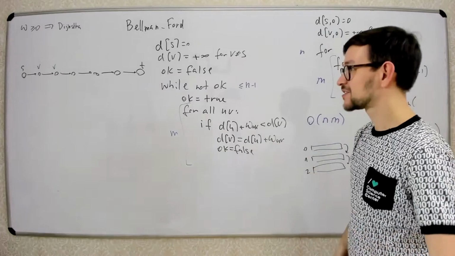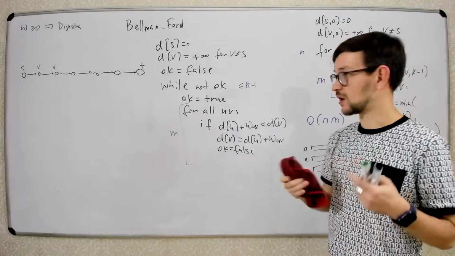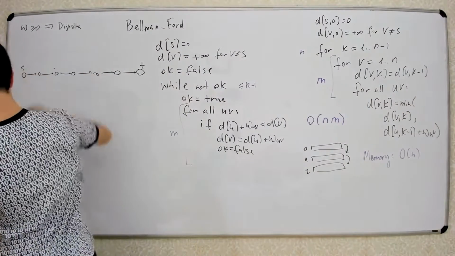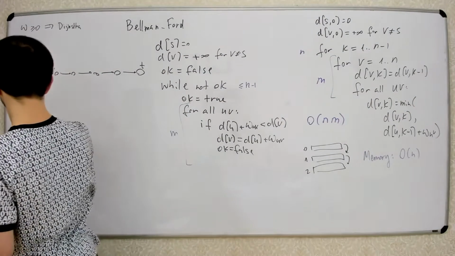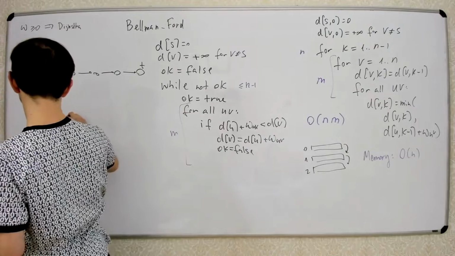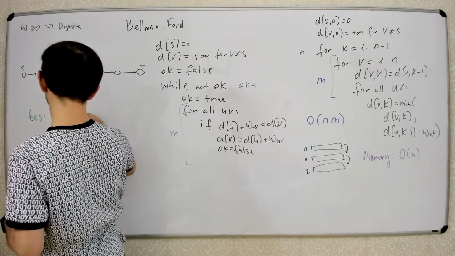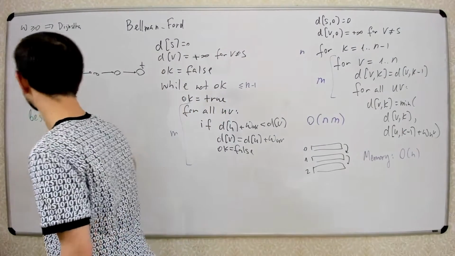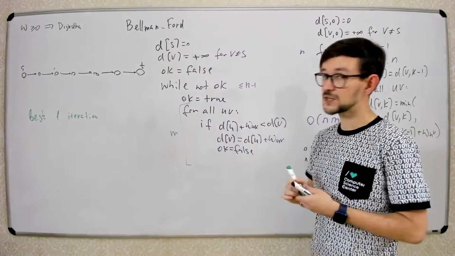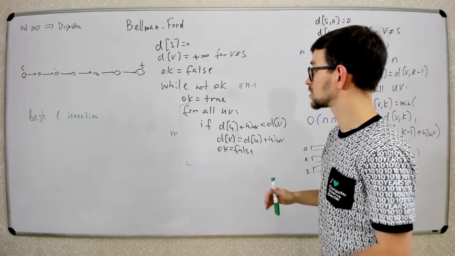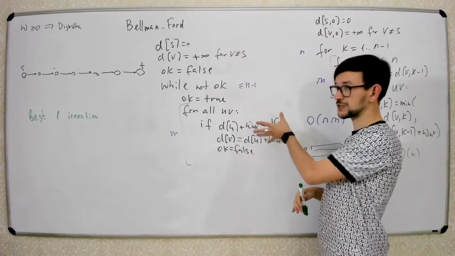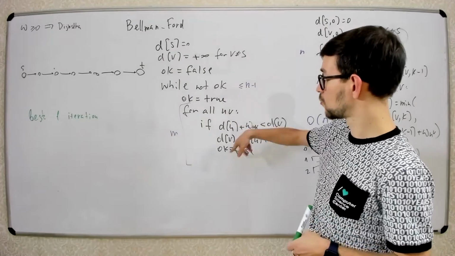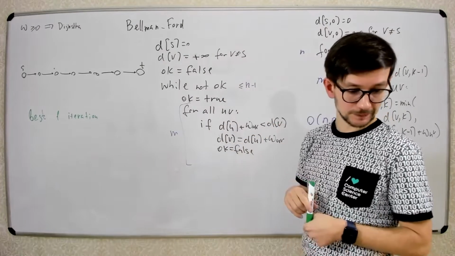But is there a possibility that you will run this loop n-1 times? So let's say, best, one iteration. Best. Let's find the worst case. Is it possible that we arrange our edges in some bad order, so this loop actually makes n-1 iterations?